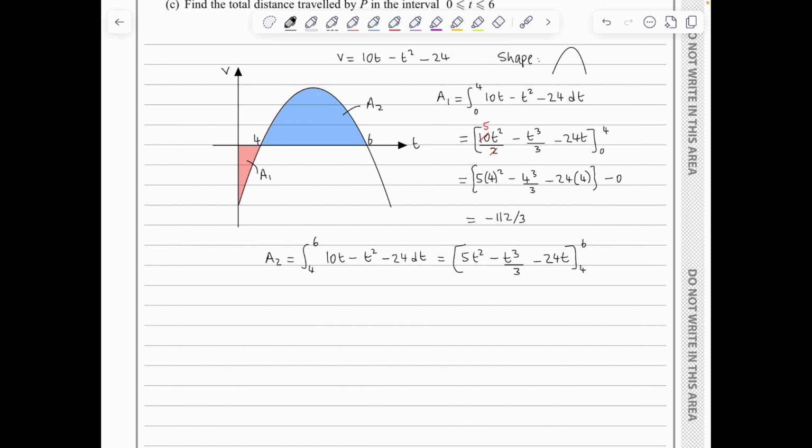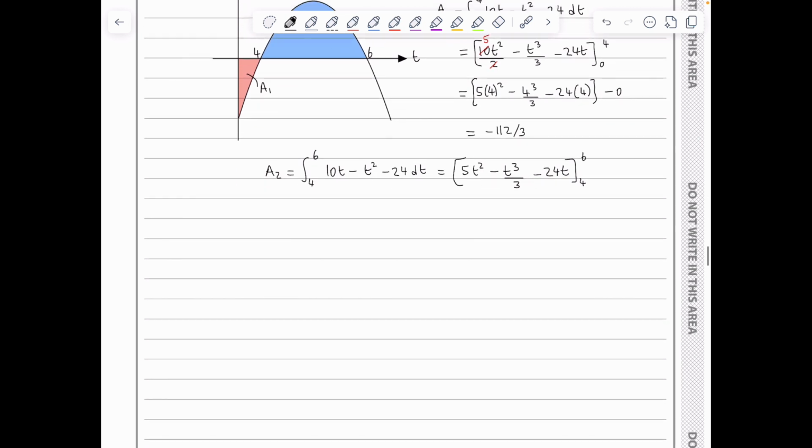We will begin by substituting the upper limit of 6. So we are looking at 5 times 6 squared minus 6 cubed over 3 minus 24 times 6. And then we will substitute the lower limit of 4. So it's 5 times 4 squared minus 4 to the power of 3 over 3 minus 24 times 4.